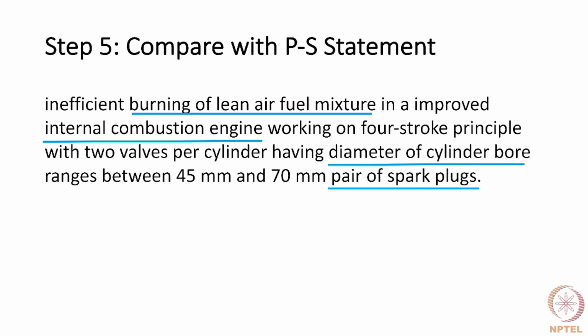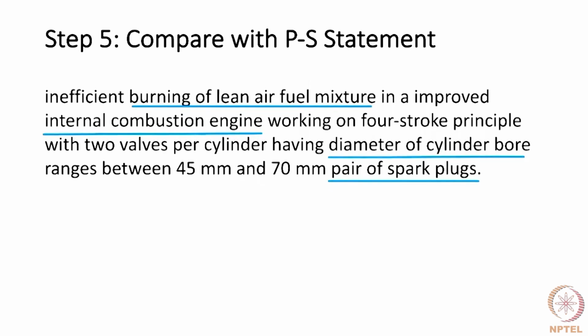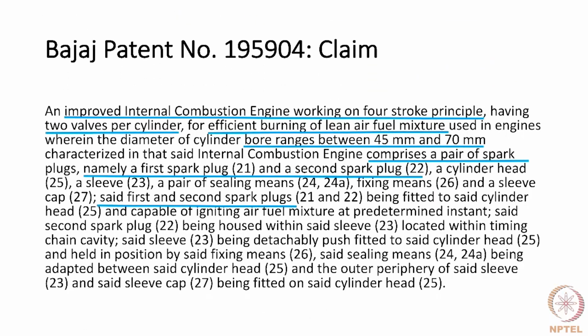Now let's look at how the claim looks so that you get a final idea about this entire process. Now this is the claim, and this is how the entire claim is actually mapped on what could have been generated from a problem solution statement. So you can see an improved internal combustion engine working on 4-stroke principle, 2 valves per cylinder, efficient burning of lean air fuel mixture, which was the problem.